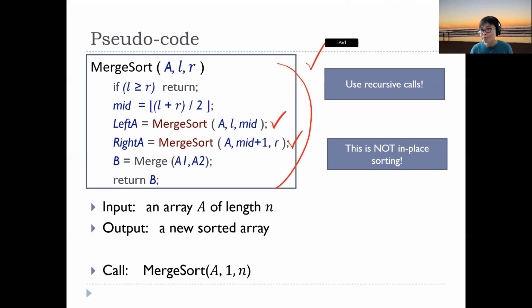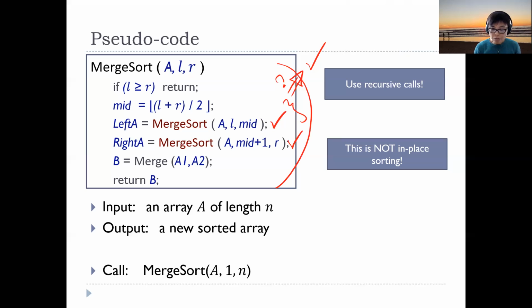That's what we're asking. Does this imply the correctness of the entire algorithm? If the recursive calls are right, does this imply the whole algorithm is right? Well, this is essentially our idea.